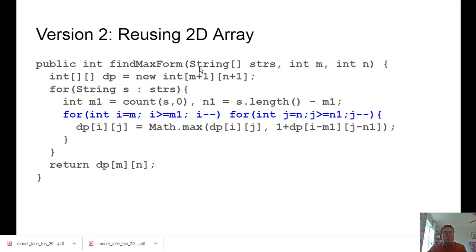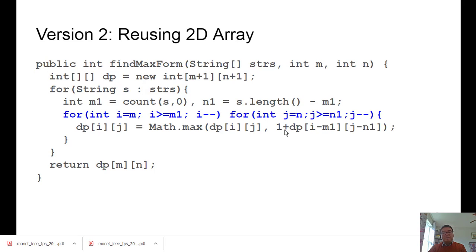Here is a way of using a 2D array. We loop over all strings, we count the zeros and ones, and instead of going up on the indices i and j, we are actually going down. We start from the biggest number and then go down. What happens here is that once we consider a particular dp[i][j] where we use this string already, it's guaranteed that the same string will not be considered twice, because we are going down.